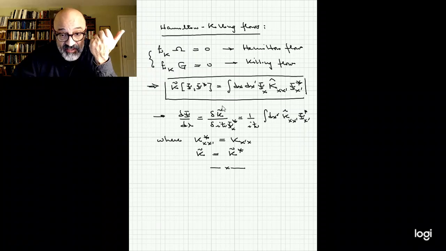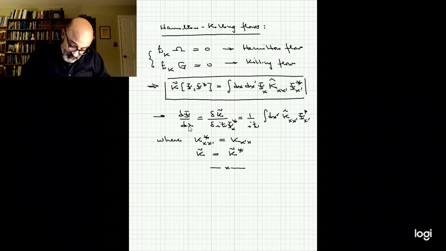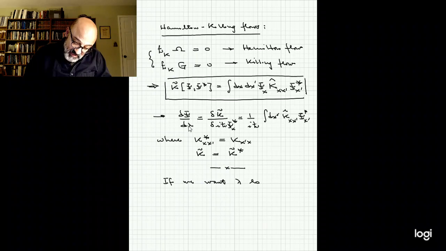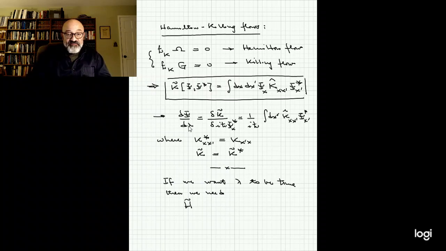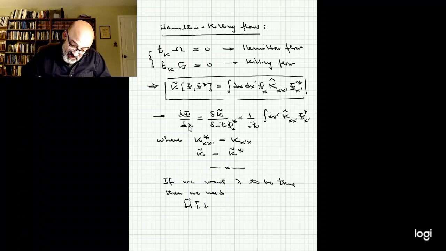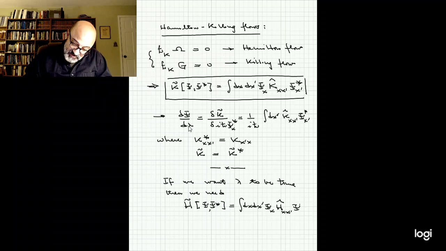If we want the evolution parameter lambda to be time, then we need h, which is going to be a functional of these guys, to be quadratic in the wave functions, like that.